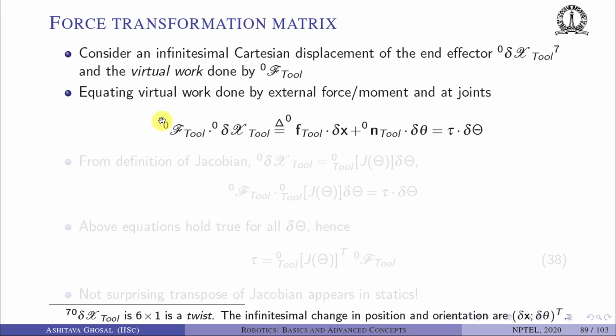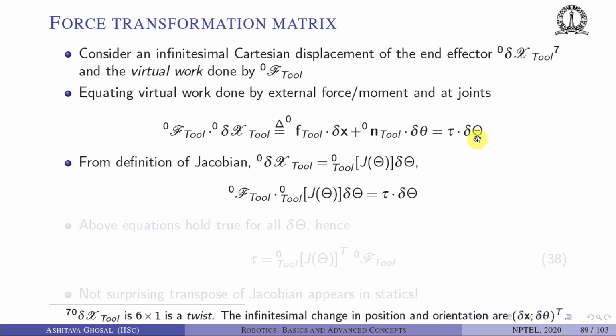At the end effector, it is the force and moment dot product with this infinitesimal displacement delta x. So it is f dot delta x plus moment dot delta theta. And what is the virtual work done at the joints? It is tau dot delta theta.